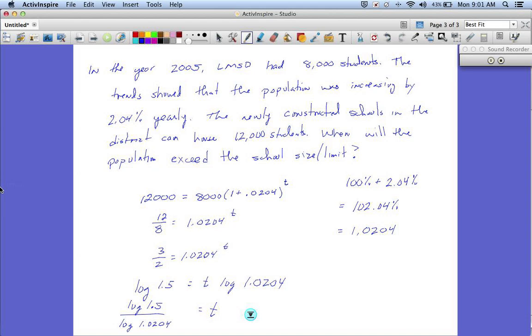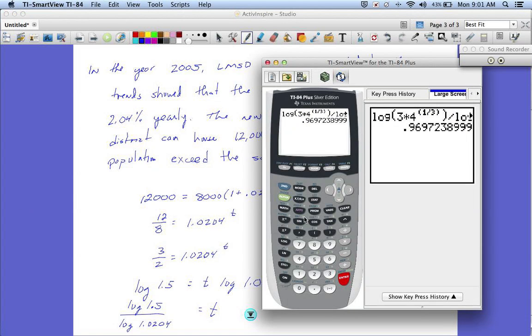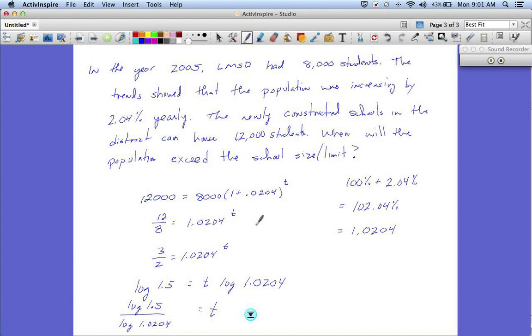We use our trusty TI-84 calculator. The log of 1.5 divided by the log of 1.0204. And it'll take 20 years for the population to exceed what we're looking at.